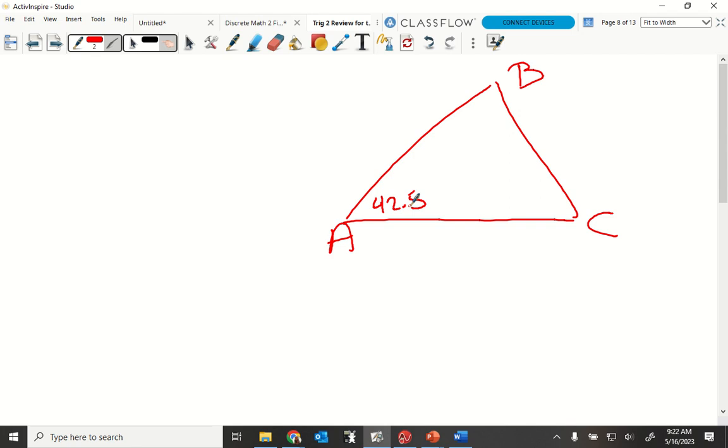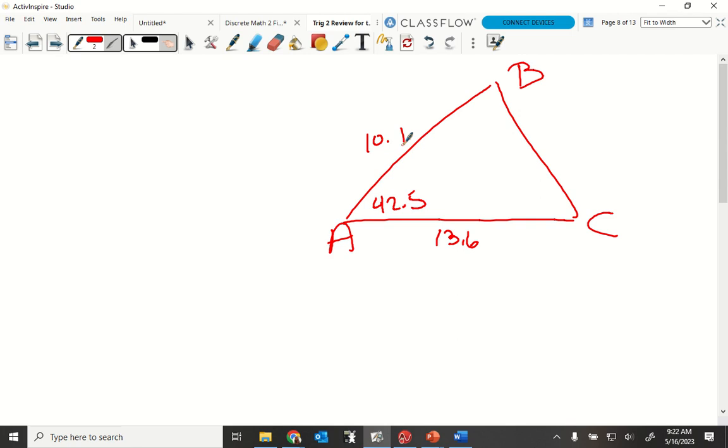Someone help me out because I don't have 13.6, little b, and C is 10.1. Okay. All right. Do I have enough to find the area? Yes, I do. I do have enough to find the area.